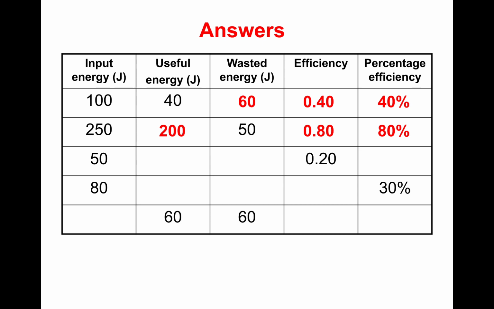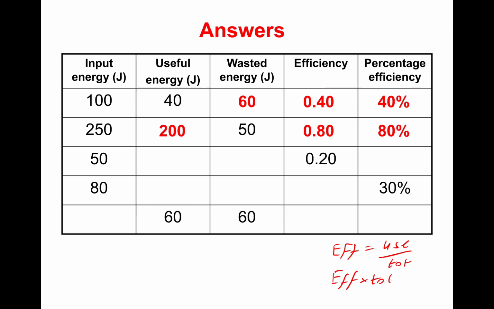Next one, so we've got an efficiency of 0.2 and the input energy is 50. So we need to get useful energy. So I'm just going to jot this down just to show you. So efficiency is useful over total. So we need to do times by total. So it's efficiency times total, as you can see hopefully there.